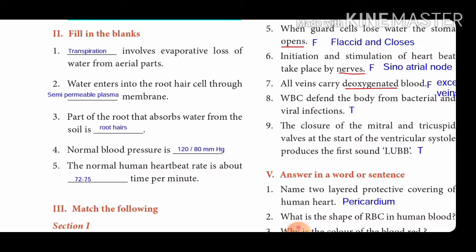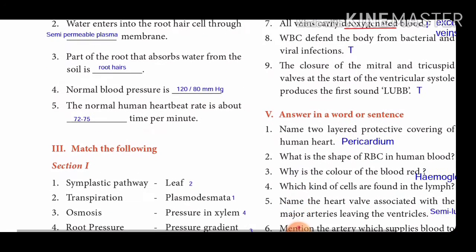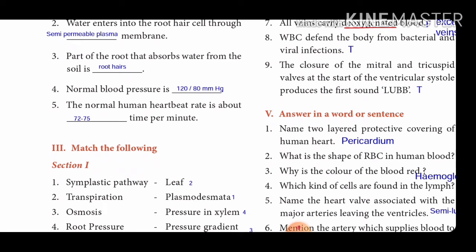Third one, part of the root that absorbs water from the soil is dash, that is root hair. Fourth one, normal blood pressure is 120 by 80 mmHg. Fifth one, the normal human heartbeat rate is about dash times per minute, 72 to 75.